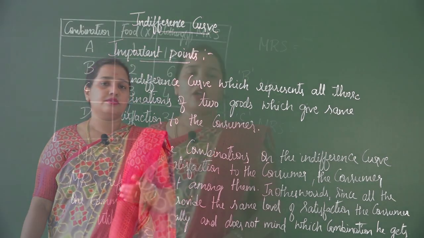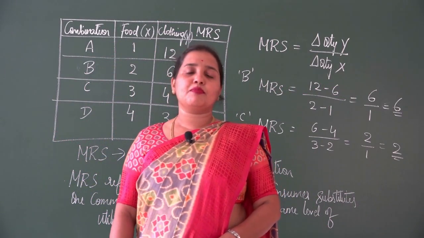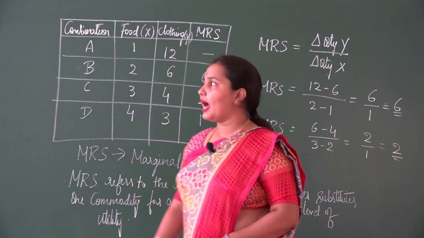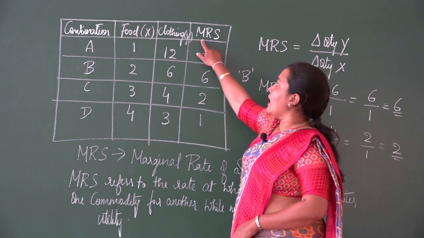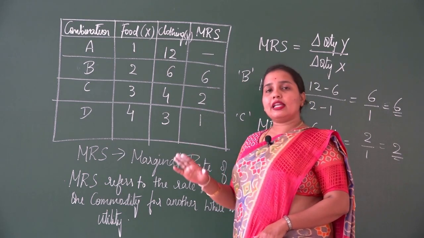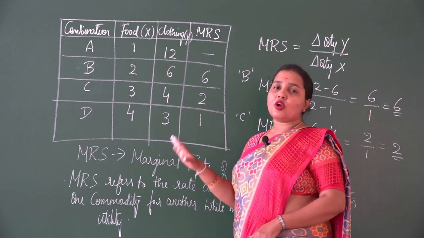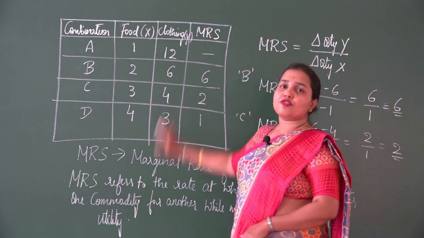When you understand indifference curve with the help of a schedule, we had a last column in the table called MRS, which was not explained. I knowingly left that because we need to understand this particular concept, MRS, now.